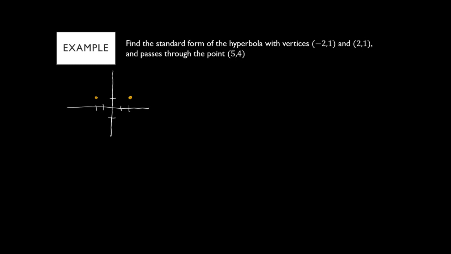So since these are horizontally aligned, this is going to be a horizontal hyperbola. And these are the vertices, so the hyperbola is going through these points. And then we know that it goes through the point 5, 4, which would be somewhere up here.